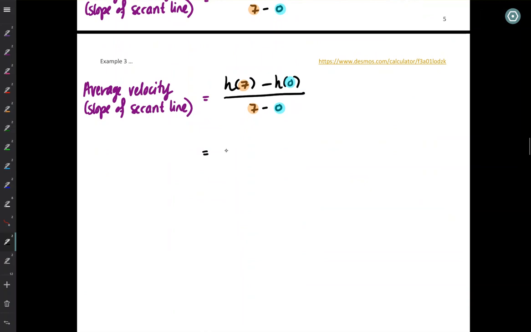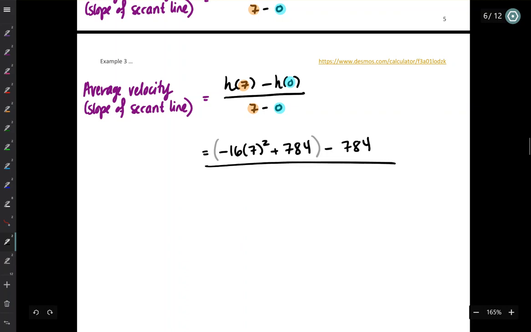H of 7 will be minus 16 times 7 squared plus 784, minus h of 0. H of 0 we know to be 784, all over 7 minus 0, which is 7. And this ends up being minus 112.